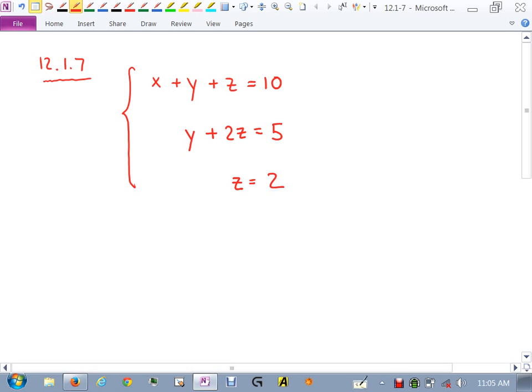How many equations do you see here? The instructions here are to solve. You see three equations, right?